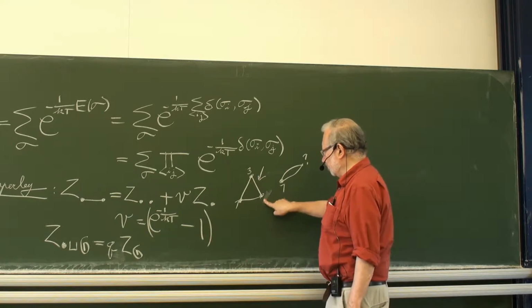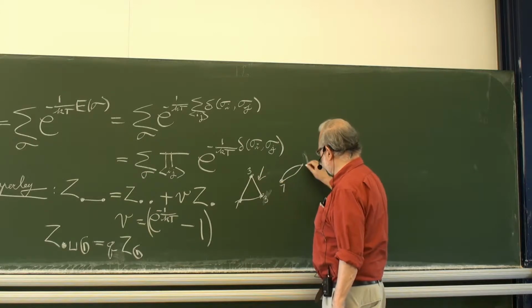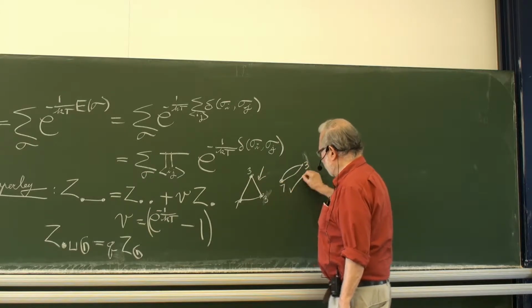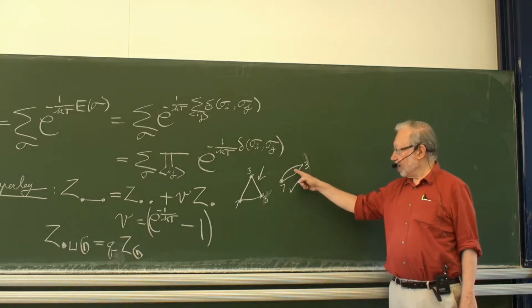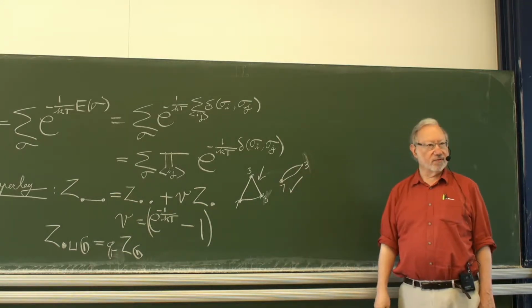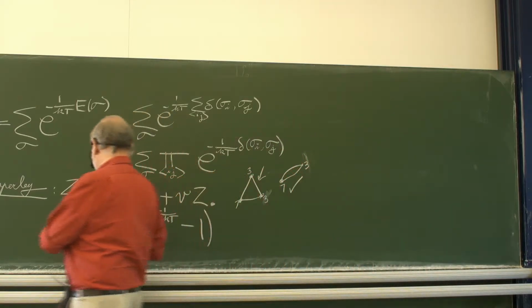But if I had a 3 and a 3, if these were equal, if it was a contributor to the energy, then I would also get a contribution from that graph. I could get a state for that graph. So then think of the two conditions.